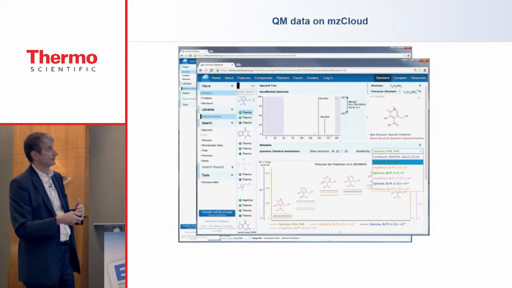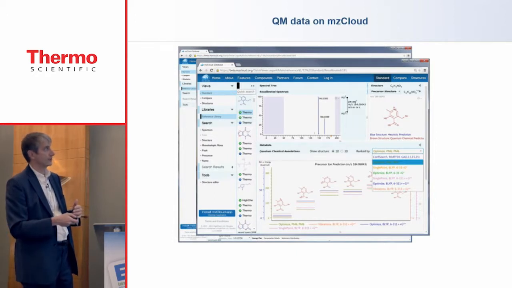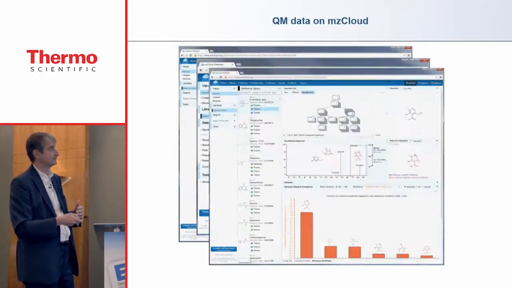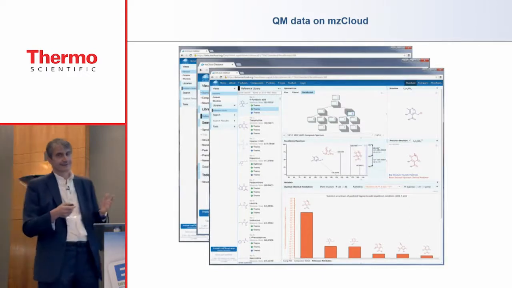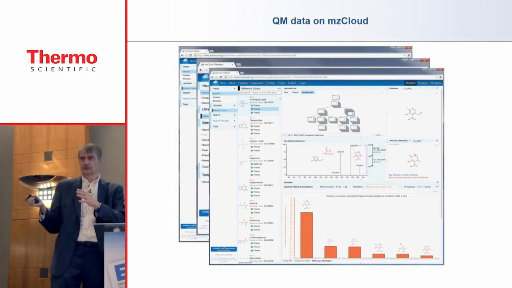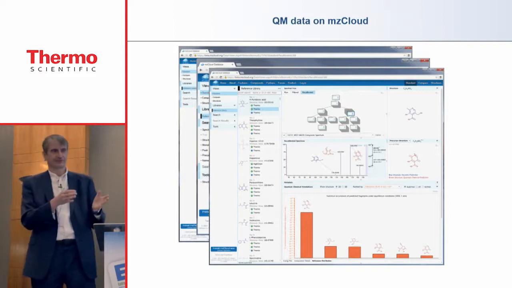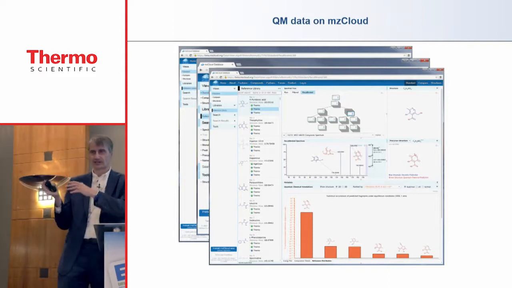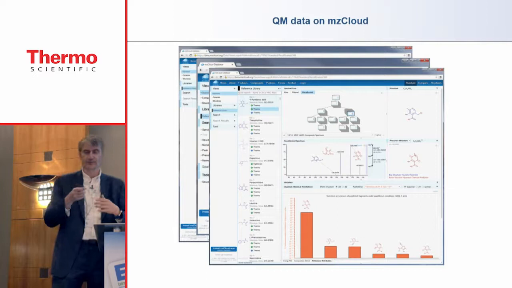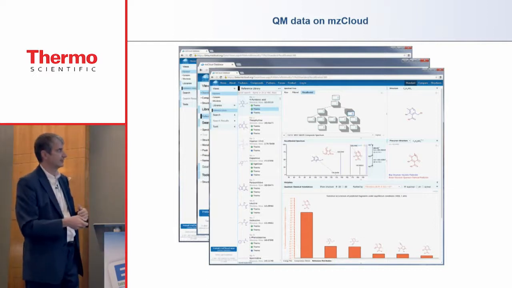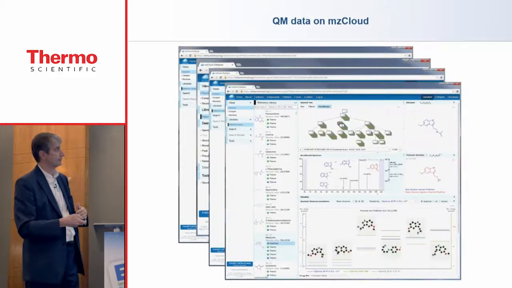You can preview all those methods on mzCloud. Since this is not binary logic, where the fragment is this one and no other, it is always statistics and probability. So you see the probability for each fragment that we are calculating, and you can preview it there.